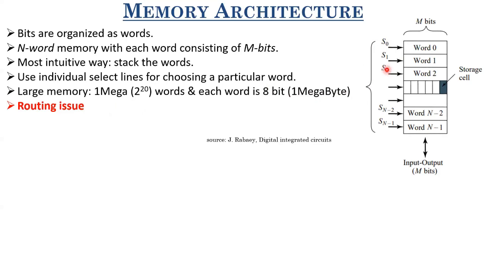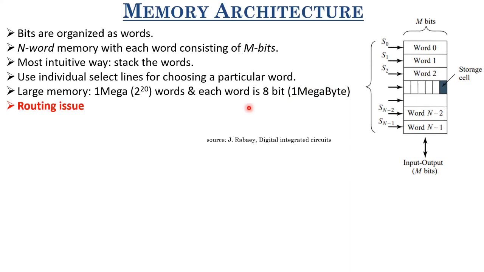So your n is 2 raised to the power 20. If you want to route 2 raised to the power 20 lines in your chip, it becomes really difficult. And for routing these 2 raised to the power 20 lines, you also need 2 raised to the power 20 pins, because each of these selectors is given by some pin to the external world. So that is also a big problem.